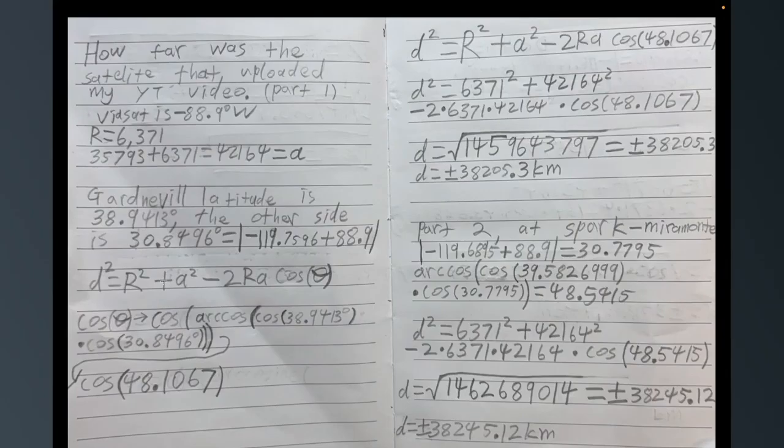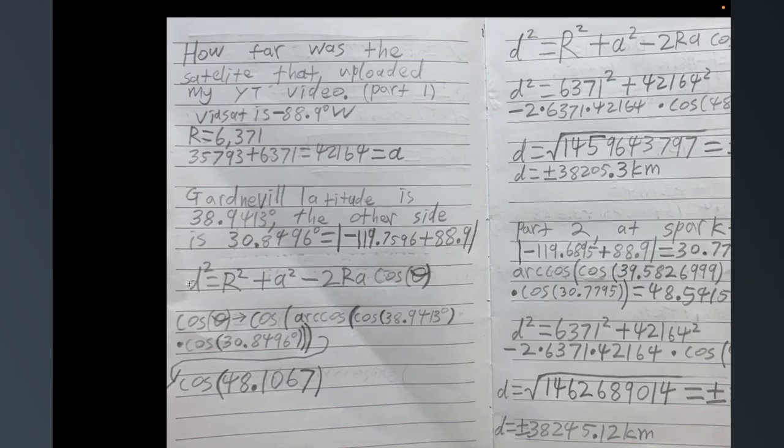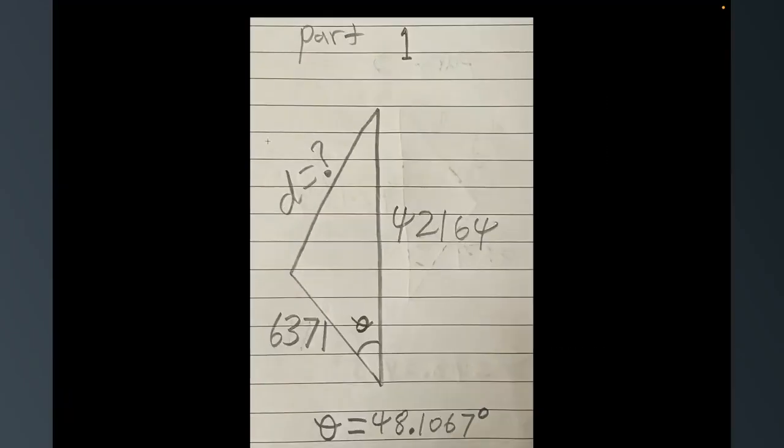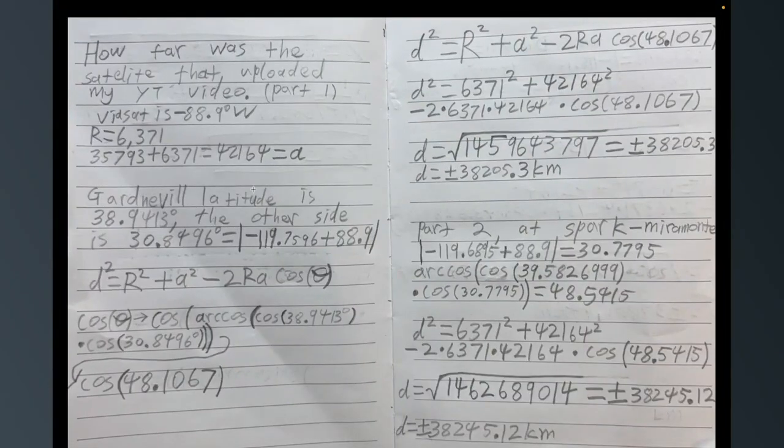Oh, the law of cosines, which I just put here. The distance we're gonna find, which is here, the distance from our plane to the VSAT satellite, it's this, and we already knew that one side is this, the distance from the surface of Earth to the satellite at that point, plus the radius of the Earth.